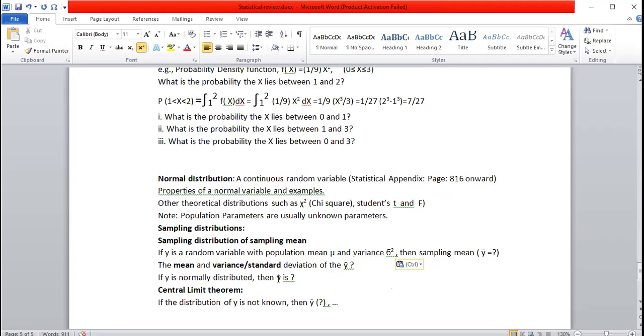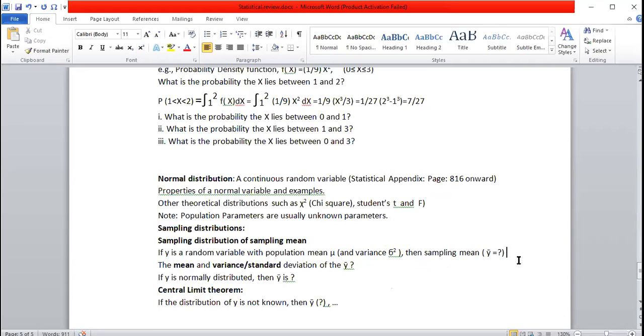Now really, your focus is mean, this mu, or variance. Let's not worry about variance right now. Let's say mu. You are really interested to know mu, but that is not possible. Now you have this sample mean y bar, and you are trying to talk about mu from it. Are you making a big mistake? What is this y bar? Is it a constant?